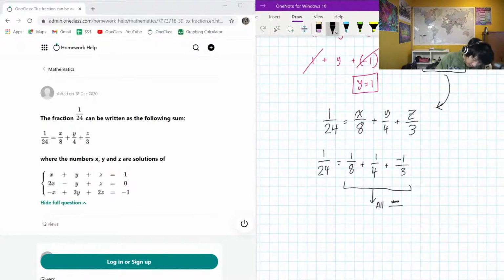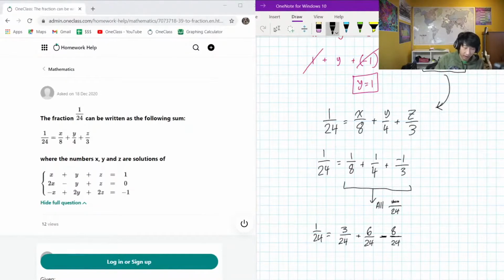So this will be 1/24 is equal to 3/24, because 24 is 3 times 8, plus 6/24, because 6 times 4 is 24, minus 8/24, because 8 times 3 is 24.